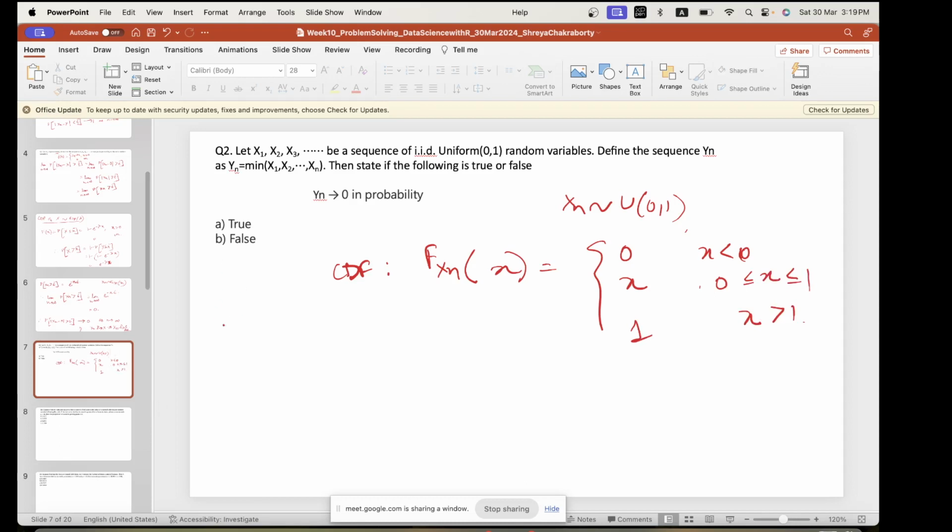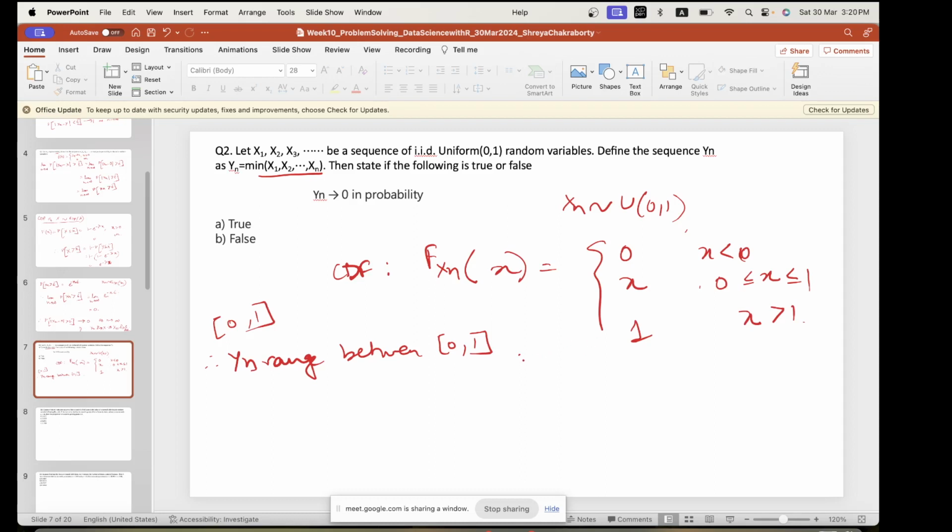Okay. Now Yn is the minimum of x1 to xn. All of them range between 0 and 1. Therefore, Yn will also range between 0 and 1.